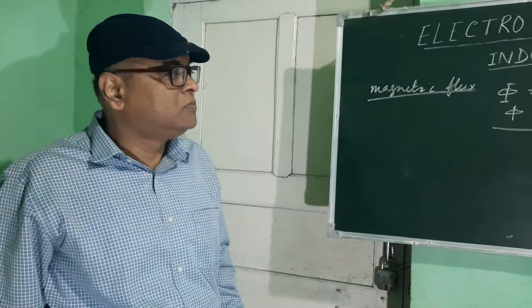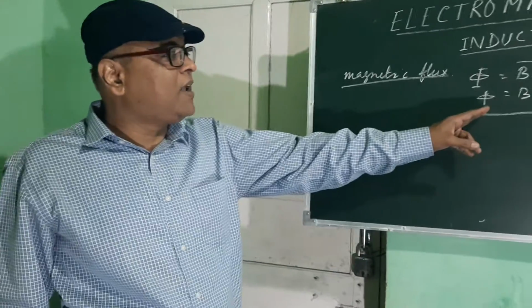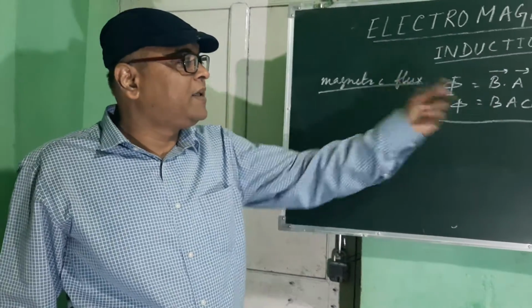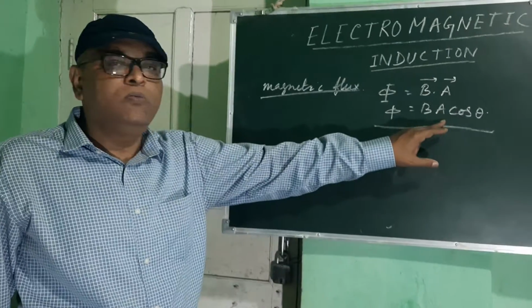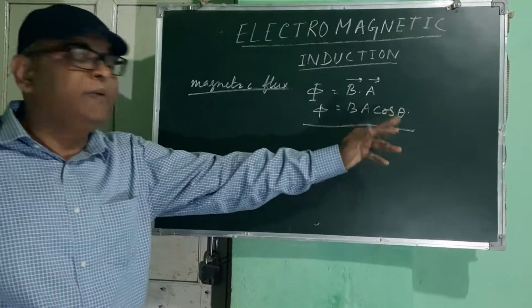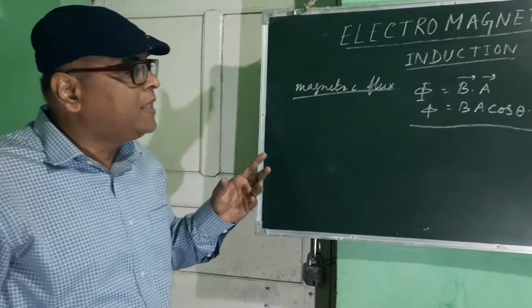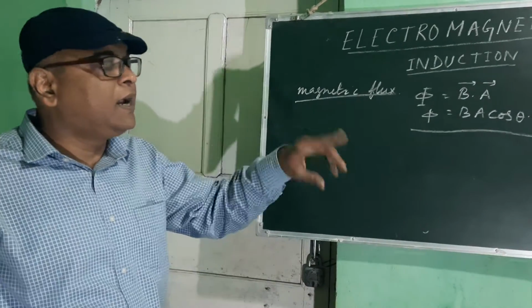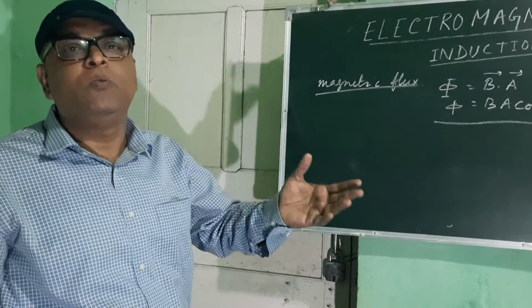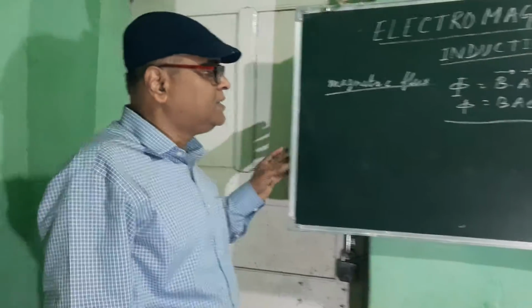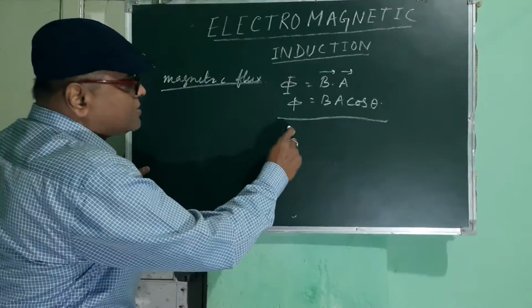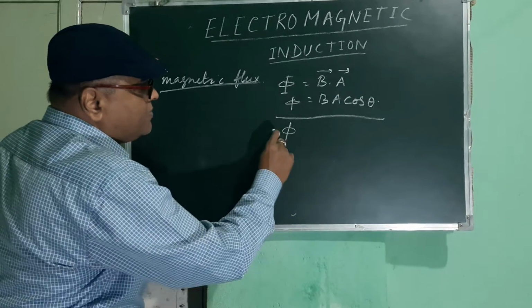Now, just see, the magnetic flux depends on the magnetic field, the area of the loop, and the angle between B and A. If n number of turns is present in the loop, then the magnetic flux will be n phi.